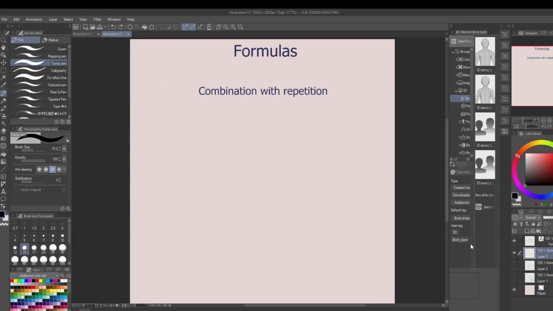Okay, so the next formula that we have coming up is combination with repetition.